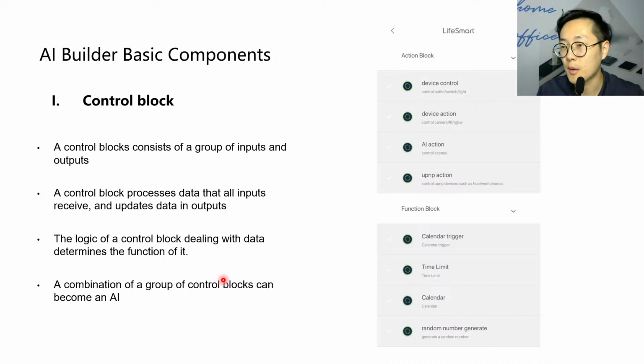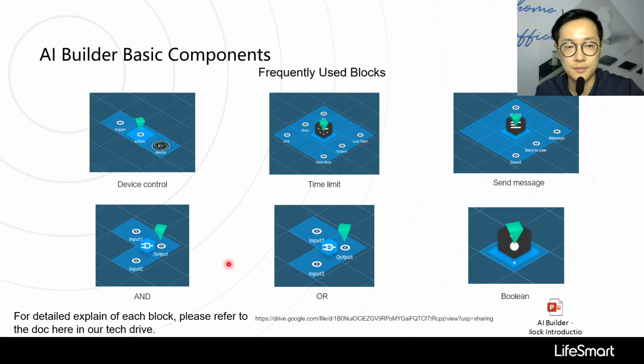So it's a key component of AI Builder. It processes all the data and outputs the data. And I think these are the most frequently used blocks. We just listed 6 examples.